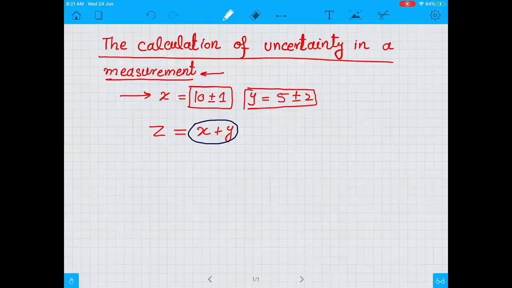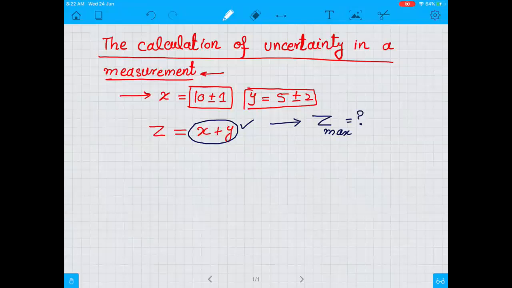Now this question is about calculation of a third quantity from two quantities which are given along with their uncertainties. Now what would be the steps? You need to calculate the maximum possible value of z.